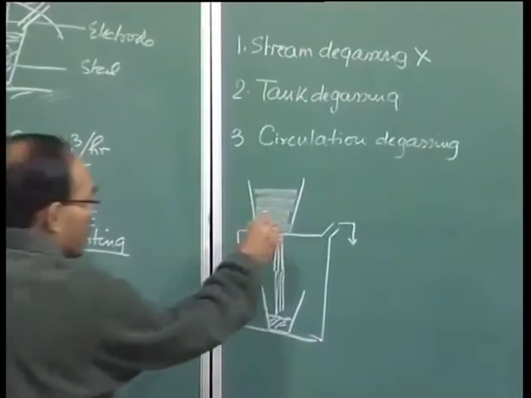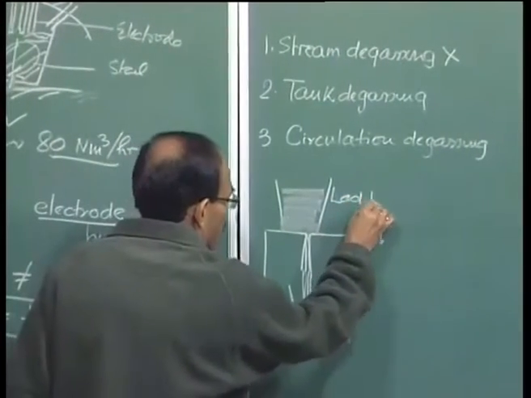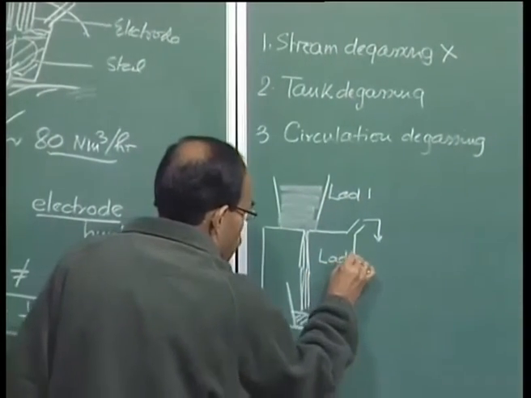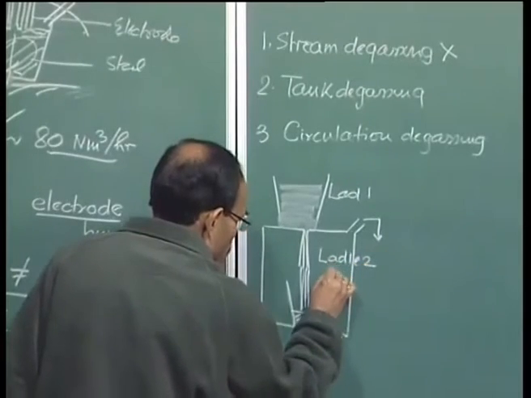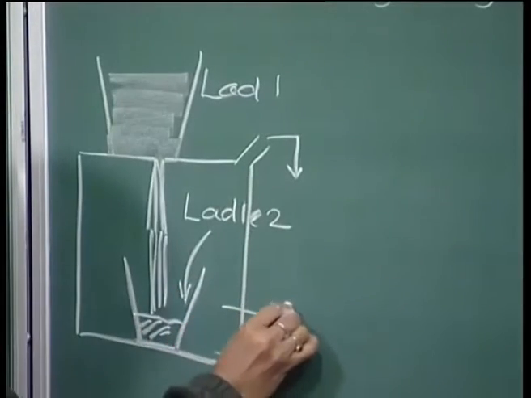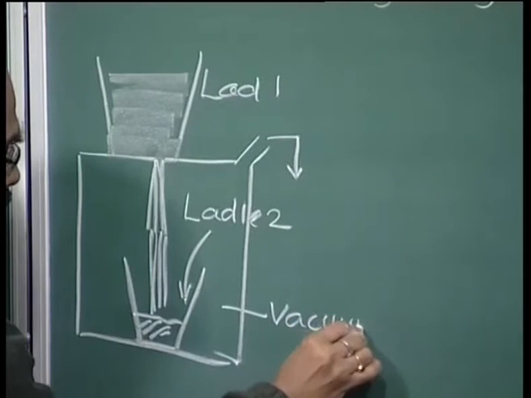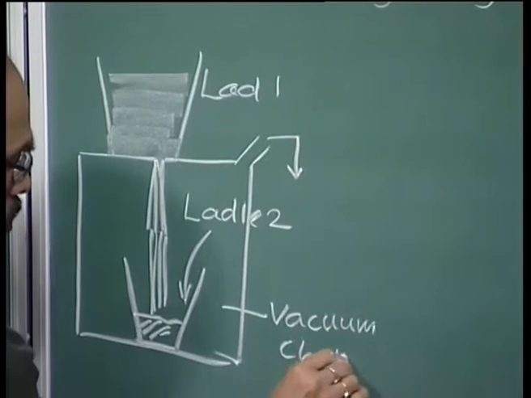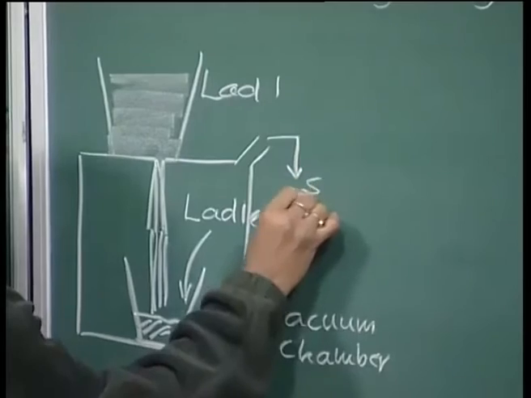So, this is ladle 1, this is ladle 2, and this is the vacuum chamber. And this is the suction.